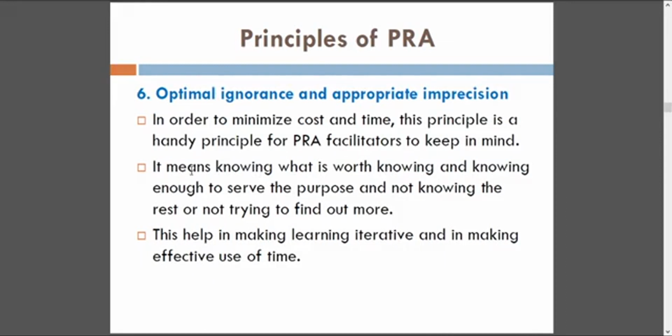It means knowing what is worth knowing, and knowing enough to serve the purpose, and not trying to find out more. Only find out what is relevant for the particular purpose, and that will help you save time.